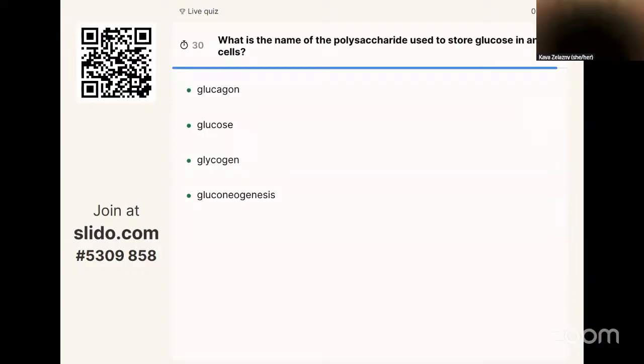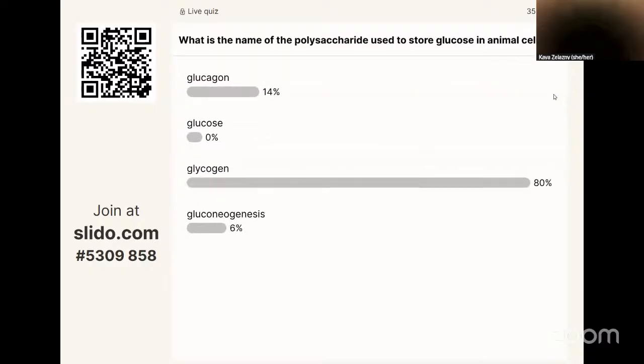Okay. So let's also remember storing glucose in an animal cell. What's our molecule? It's basically a bunch of glucose linked together. Okay, yeah, it's glycogen.